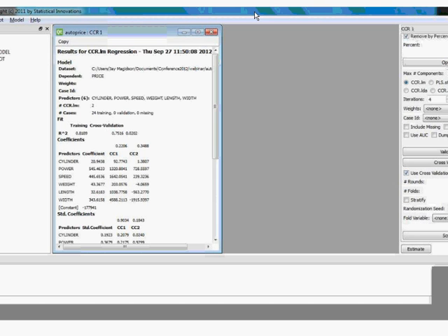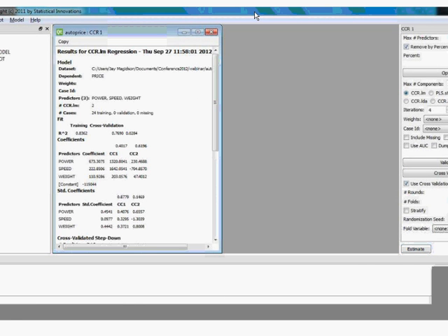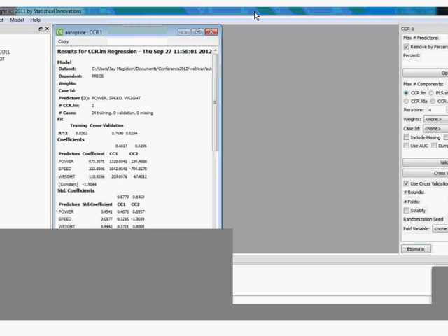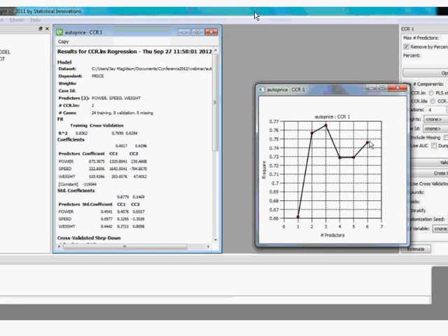Use 10 rounds of 6 folds again. And what we see here is that we now have just 3 predictors. So we went from 6 predictors down to 5, down to 4, then down to 3. We get a higher CVR squared, and that's where it's maximized.